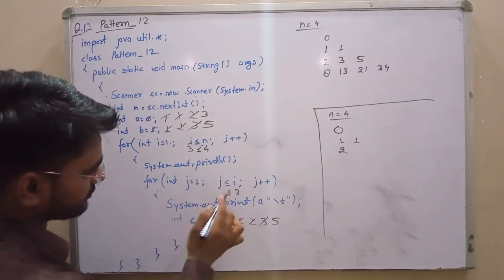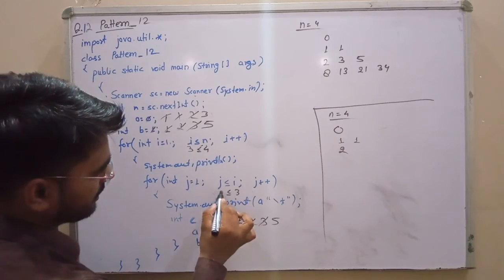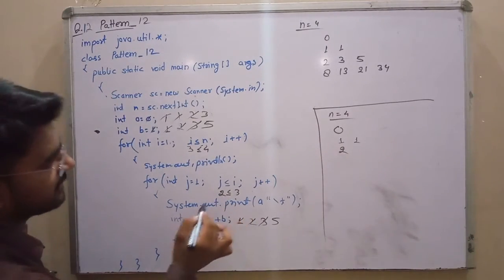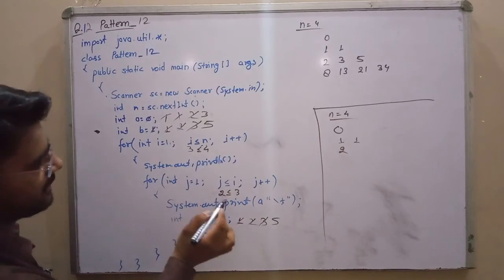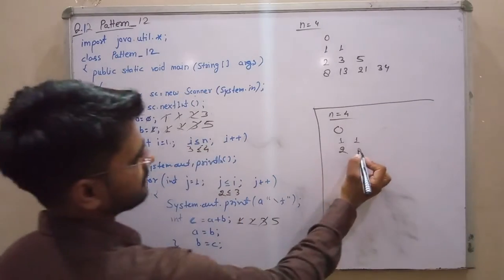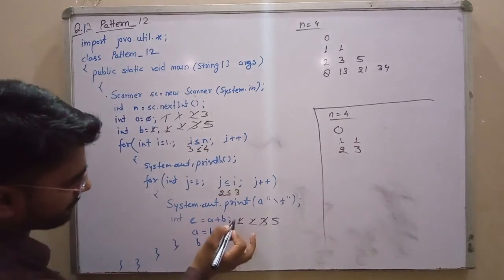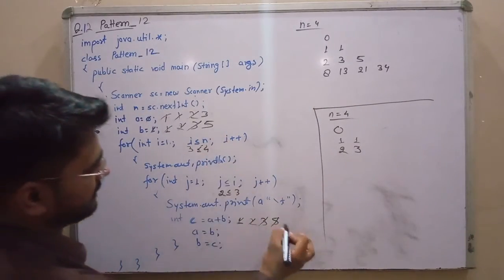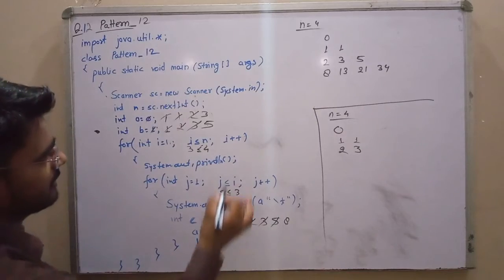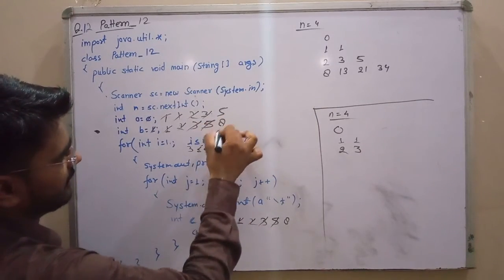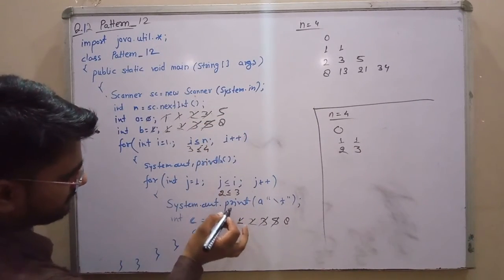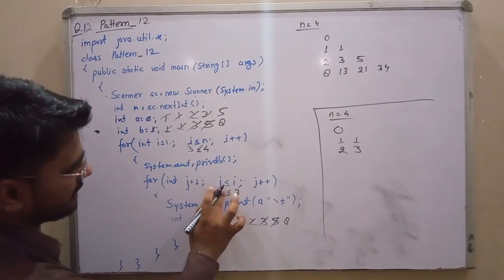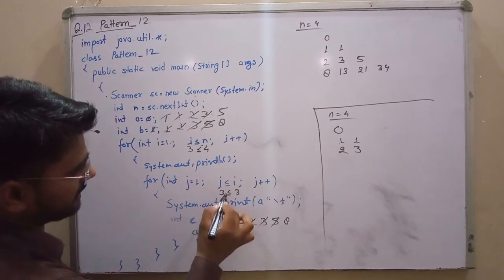Again here the j condition is satisfied, so print the value of a, which this time is 3, and after this again a plus b is 8, and here a value is b, 5, and here 8. So again in this loop j plus plus, 3 less than or equal to 3.